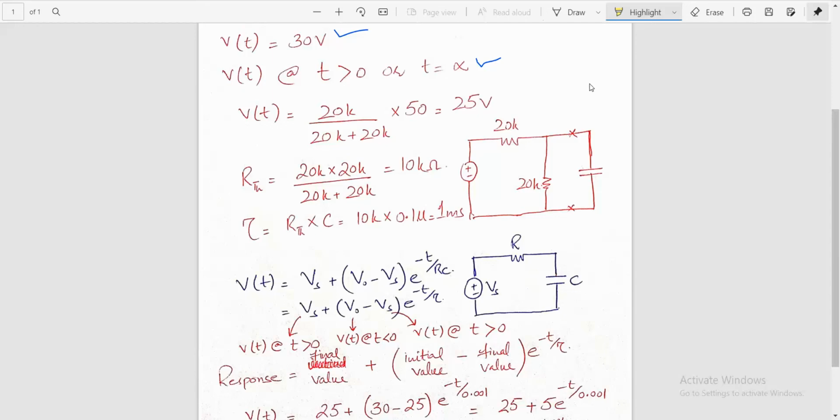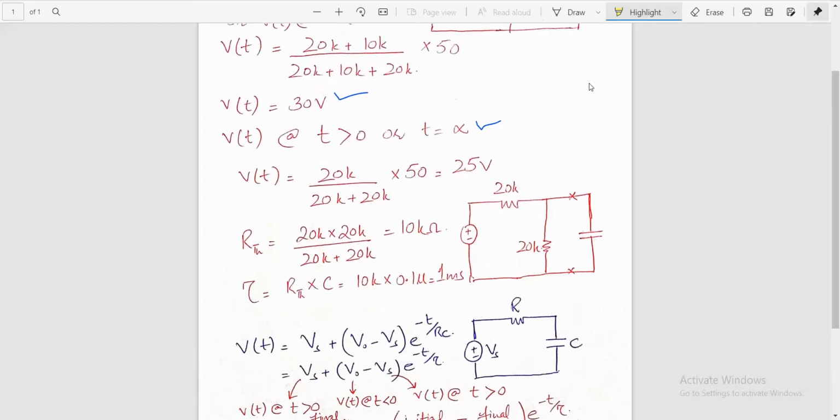Recall the example in which we had two resistances and two capacitances, and we found the Thevenin equivalent resistance. In this numerical, we are combining the concepts that we have learned in previous examples. So let us find the value of R Thevenin.